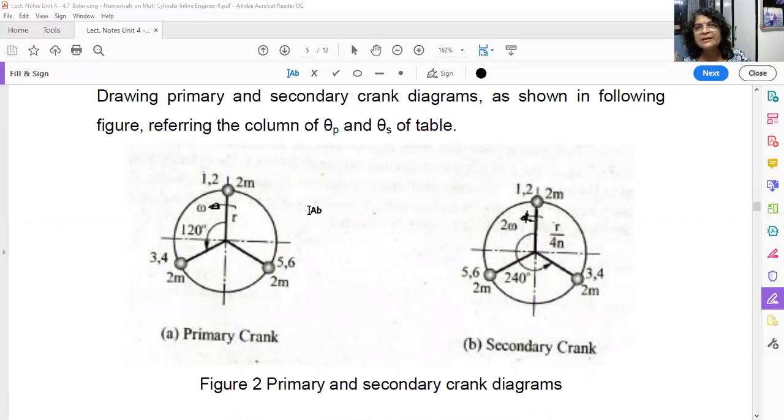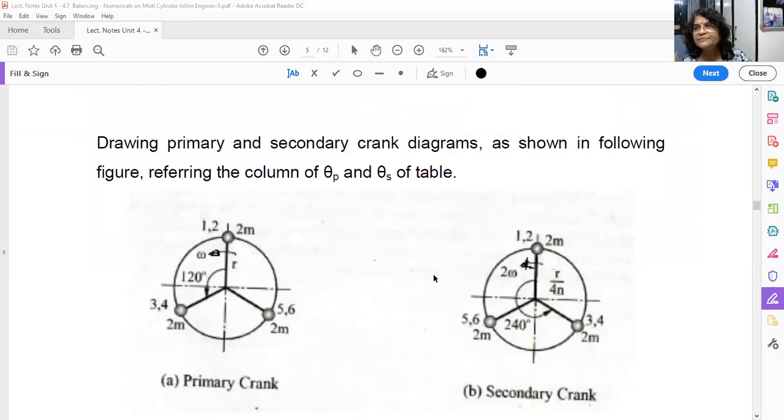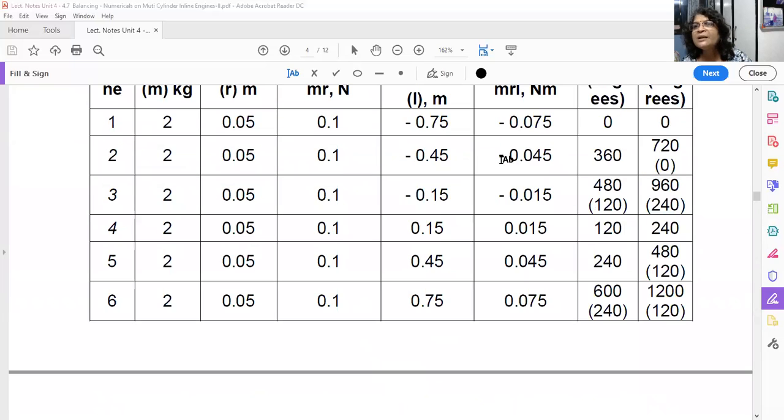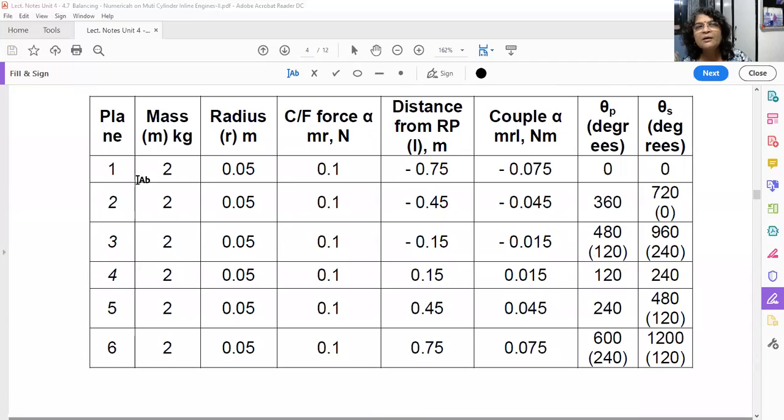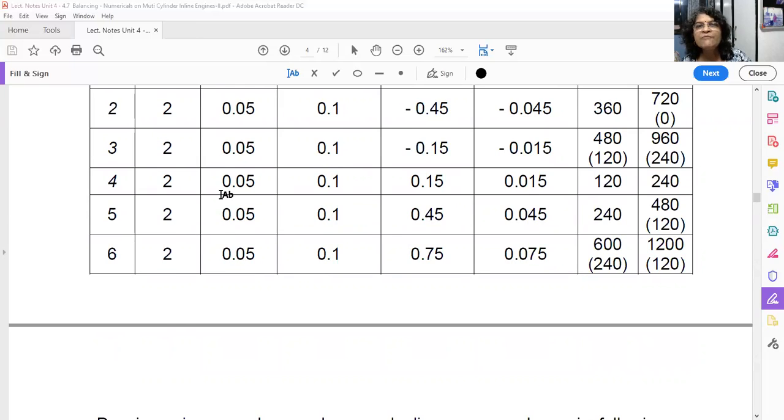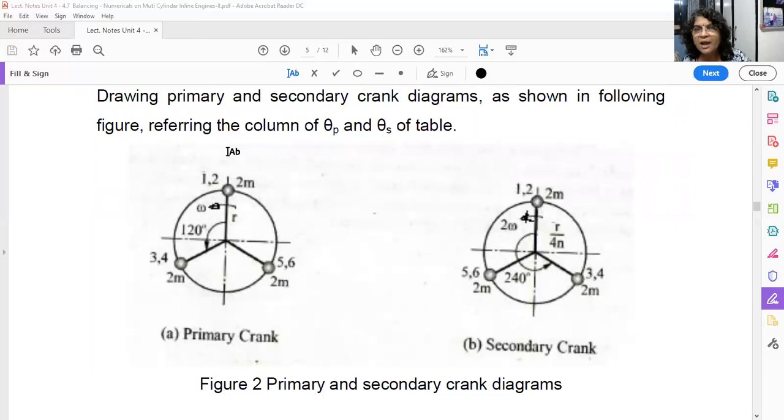Let us see here for the primary crank diagram. For plane number 1, the angle is 0 degree, and plane number 2, 360. See here, plane number 1, 0 degree. Here I have taken the reference as vertical. You can take horizontal also.